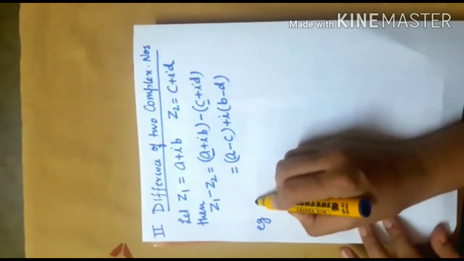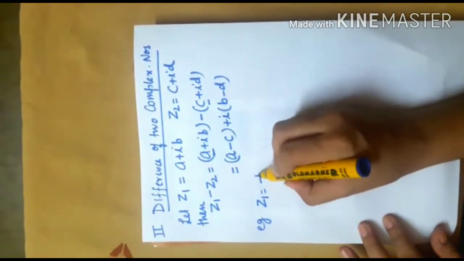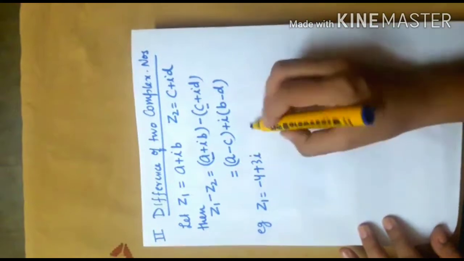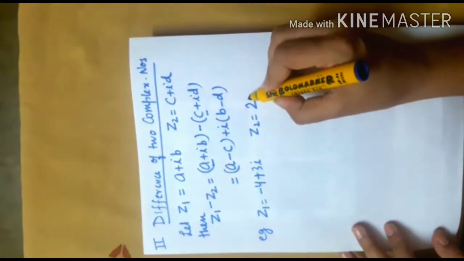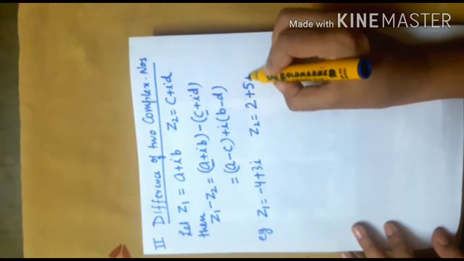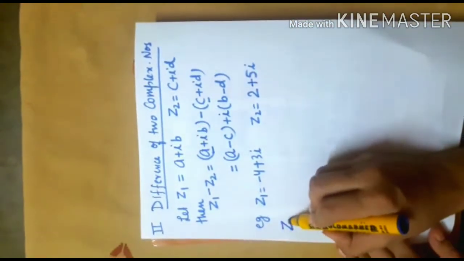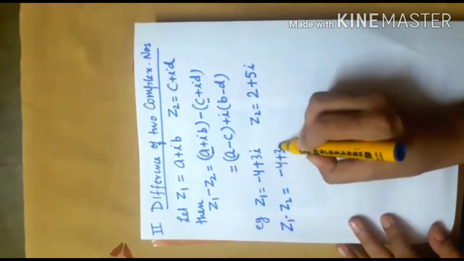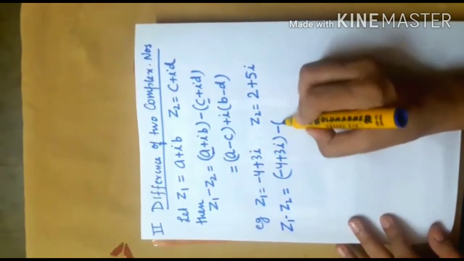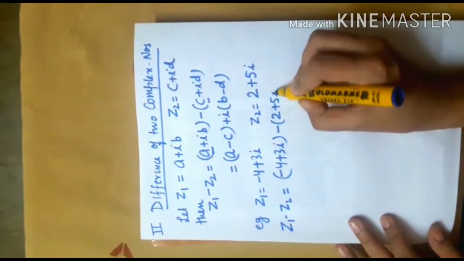For example, if z1 is minus 4 plus 3 iota, z2 is 2 plus 5 iota. So z1 minus z2 will be minus 4 plus 3 iota minus 2 plus 5 iota.